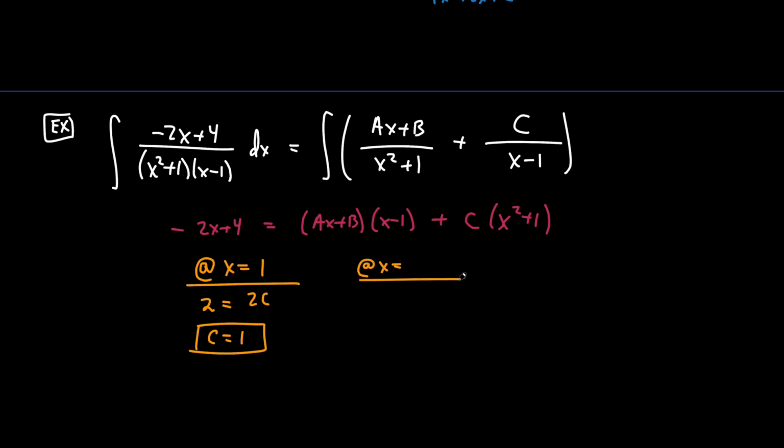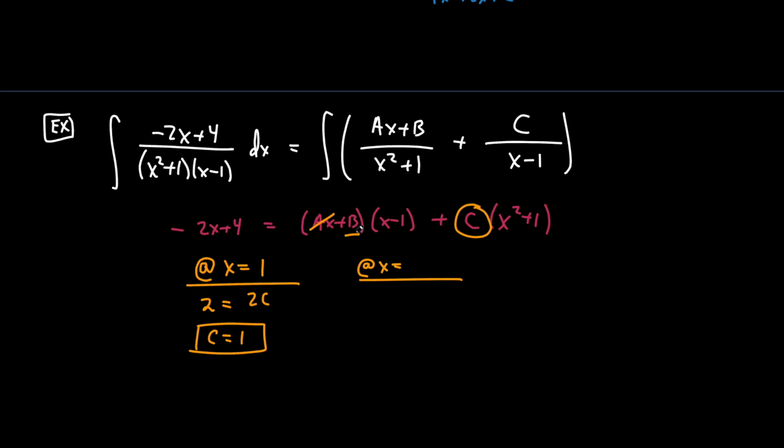Could I choose any other x values? Well, here, obviously I can't choose anything to get rid of this term, right? Because there are no real values that we can plug into this to make this term go to 0. I could plug in x to be 0. Right, so note right here, if I plug in x to be 0, I can actually get rid of the a term, which means I can solve for b. And since I already know what c is, there's only one unknown.